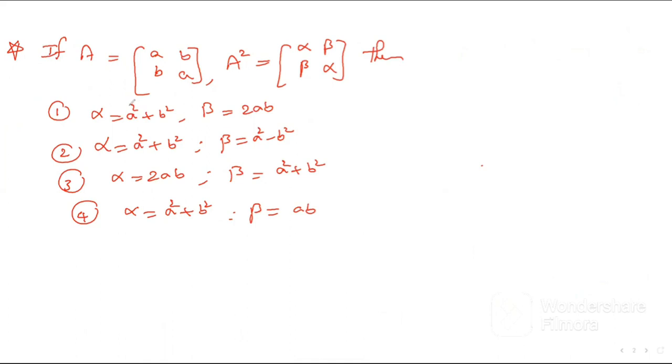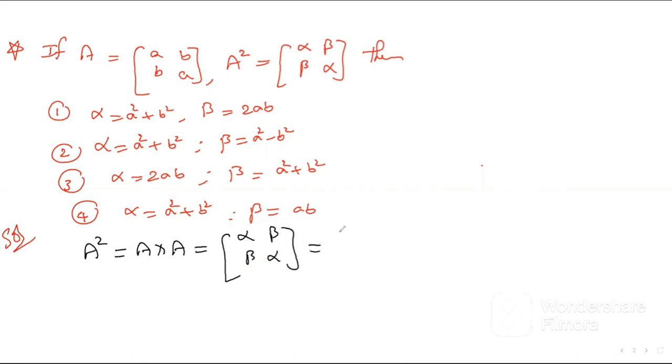Here in the statement, A square is equal to A into A. This matrix given, alpha, beta, beta, alpha is equal to A into A. From the statement, the A matrix is given as a, b, b, a into a, b, b, a. Now do the multiplication here, so 2 by 2 multiplication.